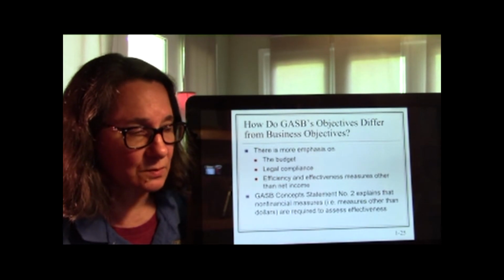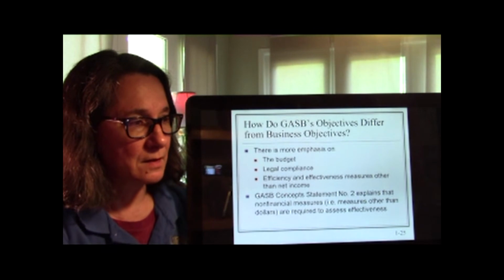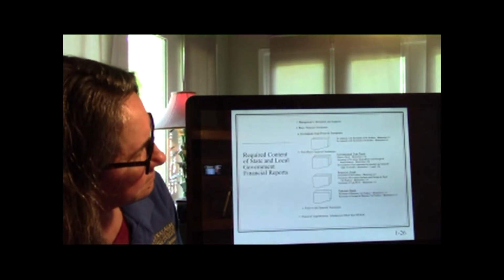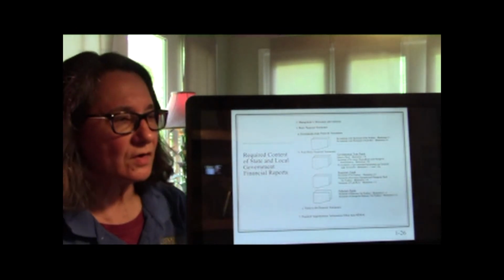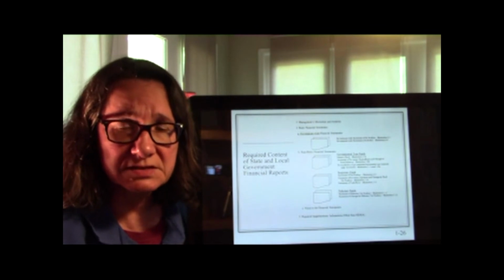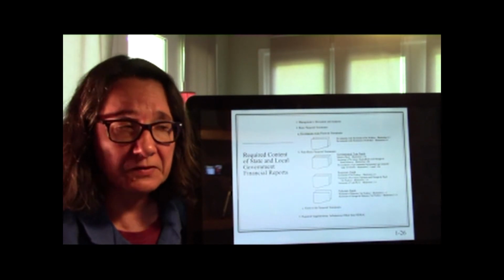All right, so we have to understand what non-financial measures are important. And there are some reports that are required, and of course that's the main point of this class, is we're going to start getting into these financial reports and, you know, how to prepare them.